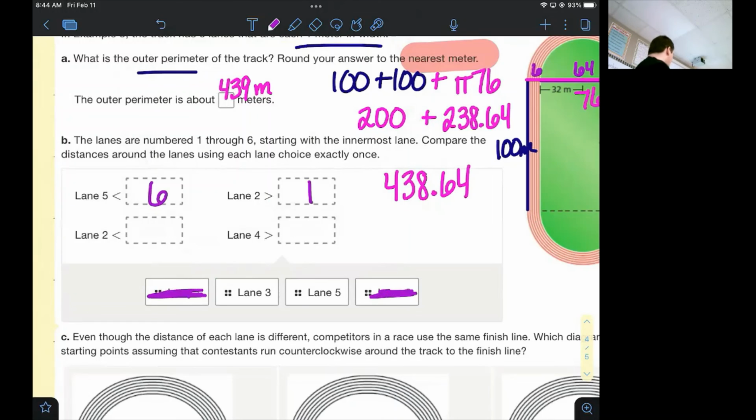Okay. Next one. Lane 2 is shorter than lane 3 or lane 5. Could be both, but I can only use my answer once. So let's skip it and go to the next one. Lane 4 is longer than which one? Lane 3, which means that lane 2 and lane 5 has to go there. Process of elimination. Okay.